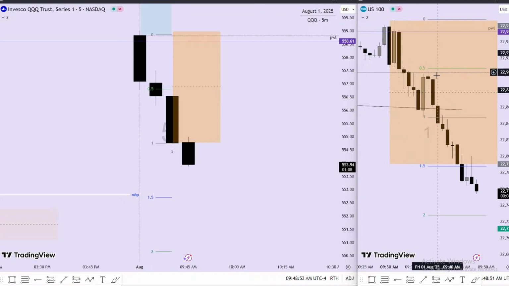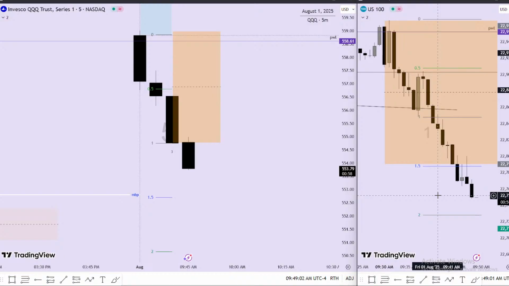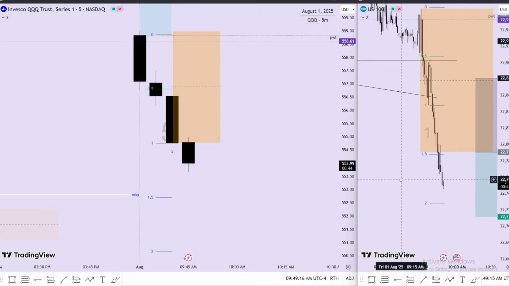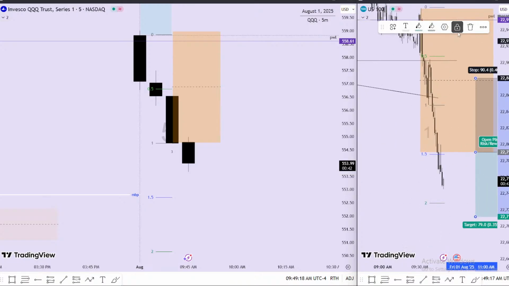The first leg, second leg. Targeting 29.